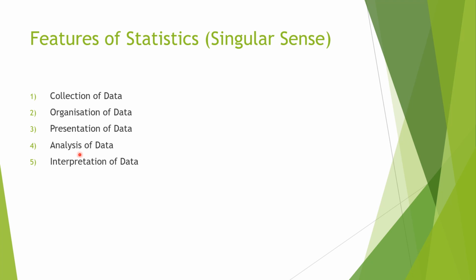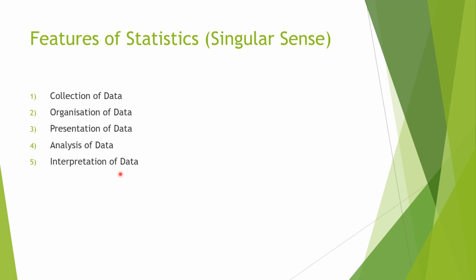So this is the analysis of data. In this, we can use any statistical tool or technique to reach a single figure that will represent its entire group of information. And after analyzing the data, the next step is the interpretation of data.